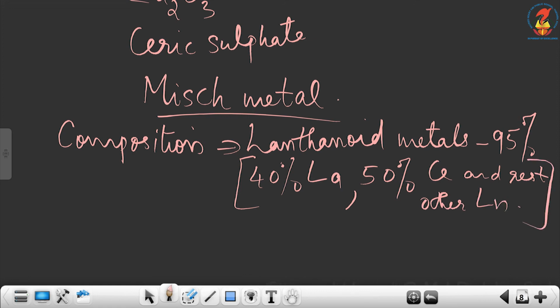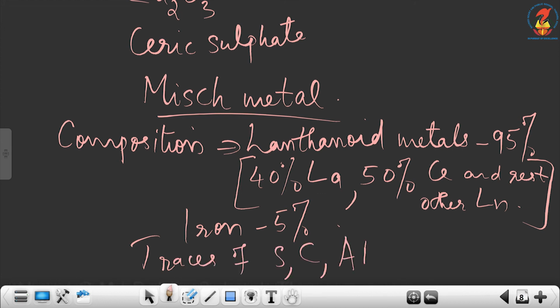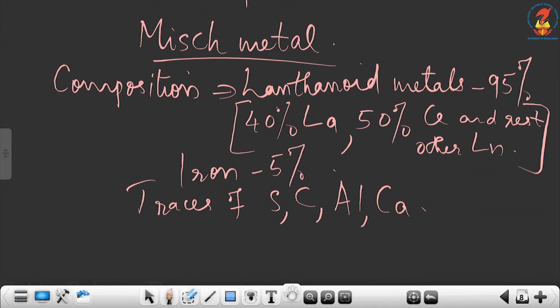Okay, now it also contains 5% of iron, then traces of sulfur, carbon, aluminium and calcium. So this is mish metal composition.